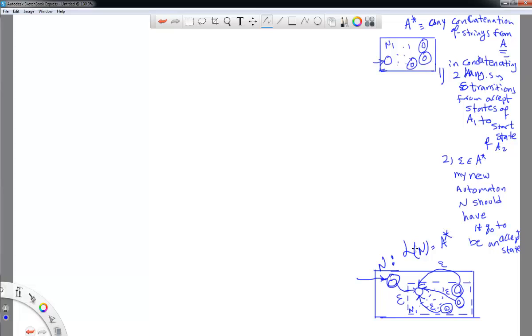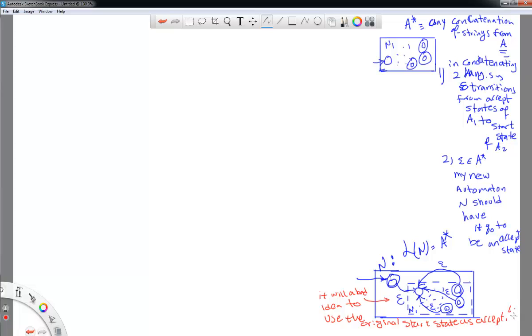So how does this look? Actually, let me tell you about an incorrect construction. It would be a bad idea to use the original start state as the accept state.